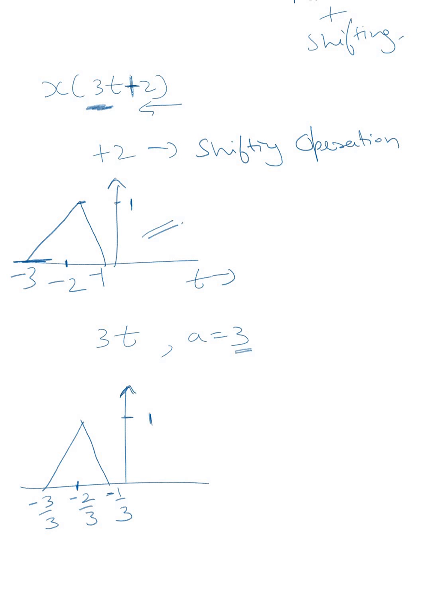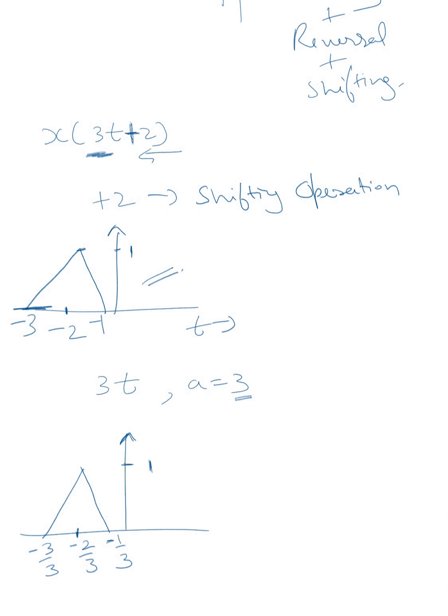There is no more operation after this. These were the only two operations, the shifting operation and the scaling operation. Since we are moving from the right, the first operation coming is plus 2, and the second operation coming is scaling by 3.